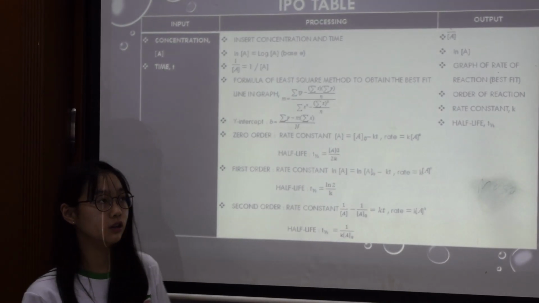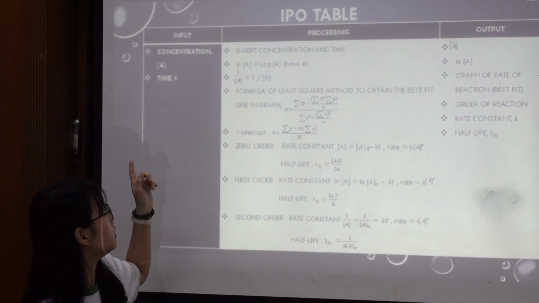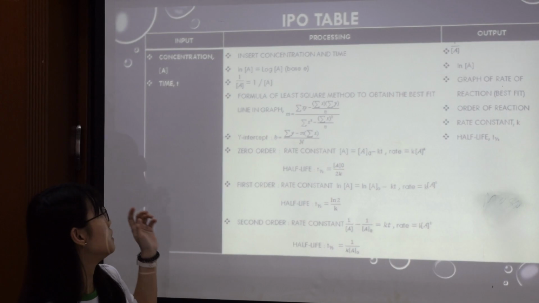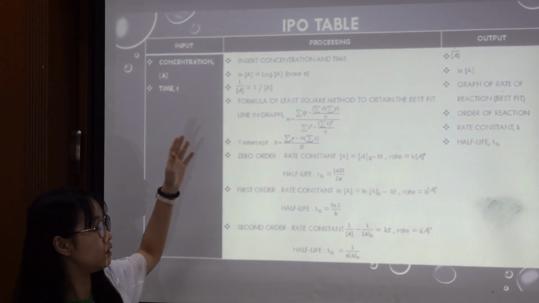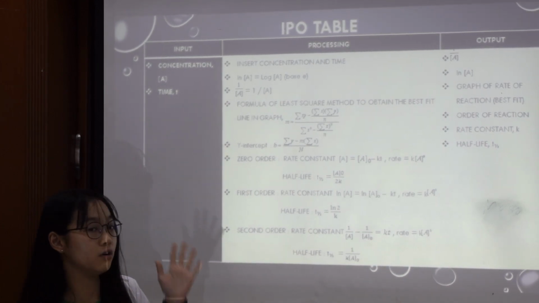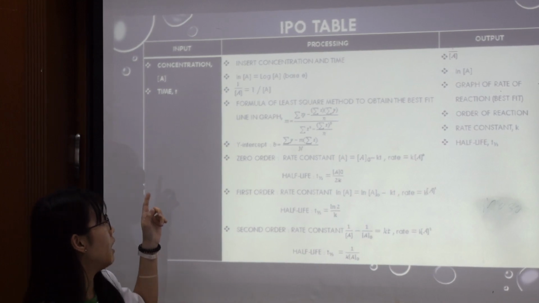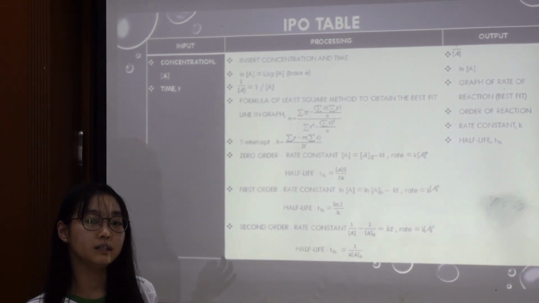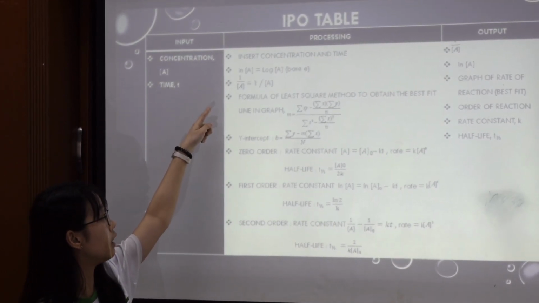So I am going to continue the IPO table here. As we can see, there is input, processing and output here. First, we need to insert the concentration and the time, as there are 5 values of concentration and 5 values of time as input. After that, we click the command button, and we can get the ln A and 1/A.